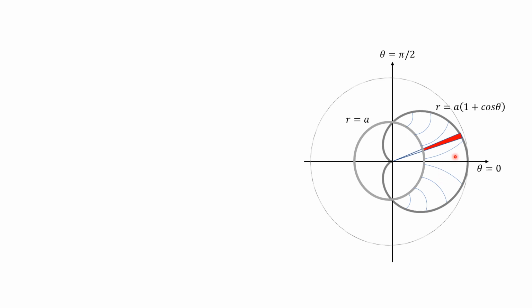We have divided it into two parts, above the initial line and below the initial line. Above the initial line we have denoted it as R1. In that R1, we have considered this radius vector using which we can obtain limits for double integration. This red part of the radius vector lies in the shaded region and it enters at the arc of the circle r is equal to a.